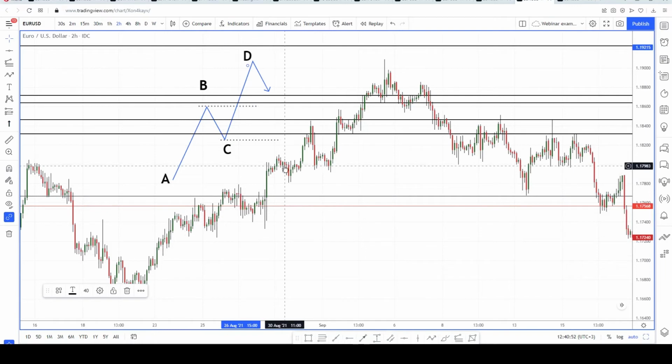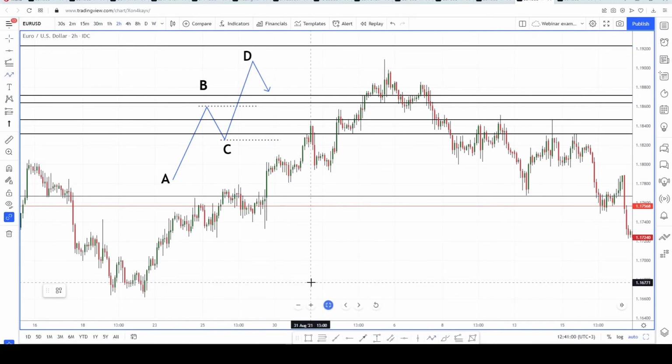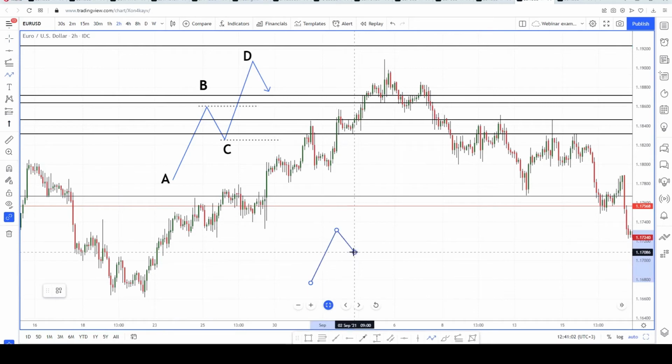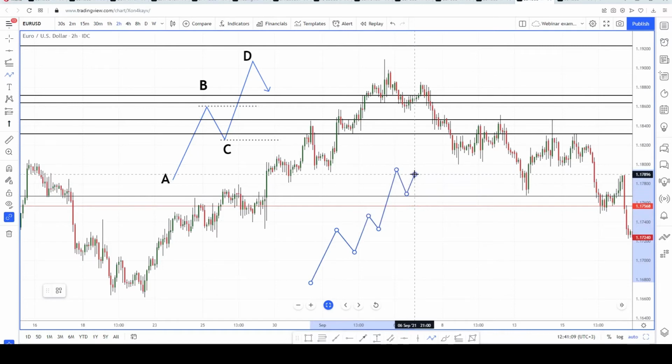That's a trend. To create a bearish formation, you need to have something like this. The market moves higher, retraces, moves higher, retraces, moves higher, retraces, creates a lower high, and then breaks this point here.